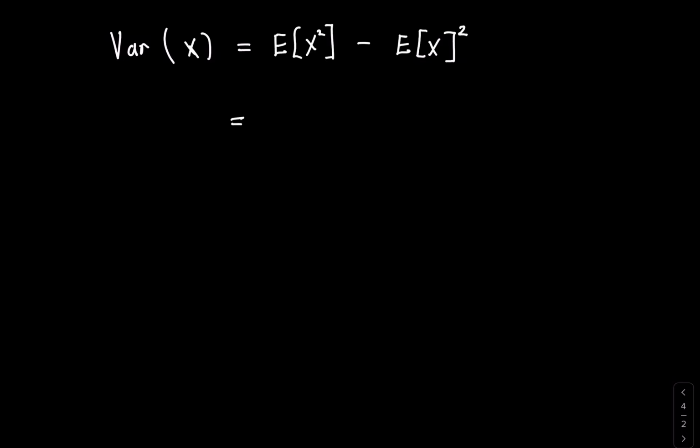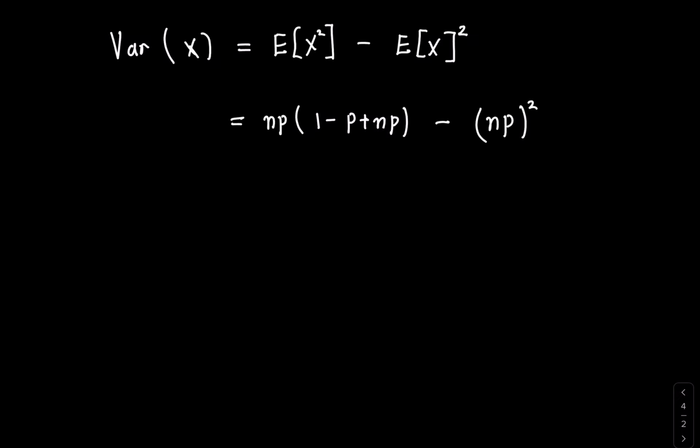Putting our expressions in, we had np times 1 minus p plus np for the expression that we had before, and then we have np all squared.